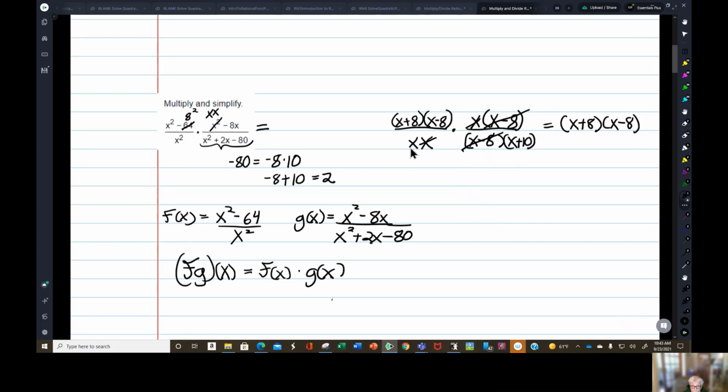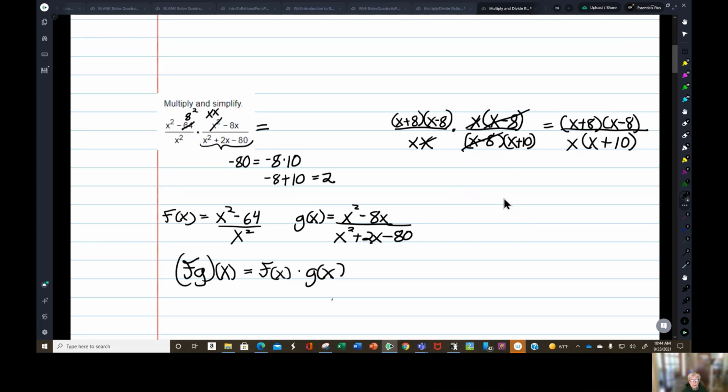On the bottom, I have one little x left. And I have a binomial factor, x plus 10. And we cannot factor anything else. So the most common way to answer is to leave everything in factored form and not multiply it all back together.